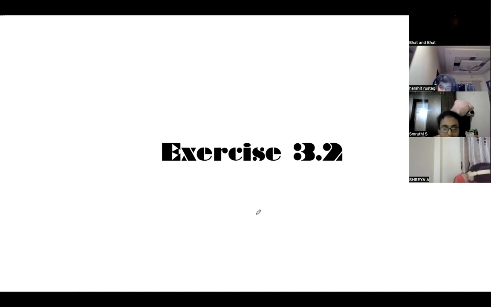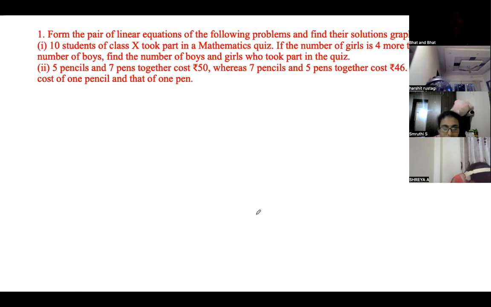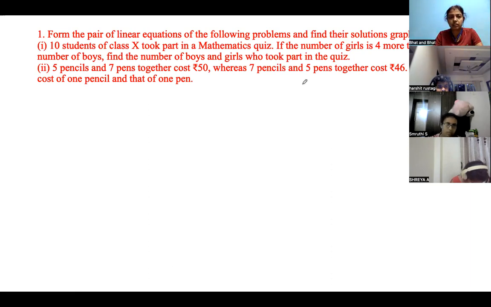Yeah. Now the next question is, form the pair of linear equations for the following problems and find their solutions graphically. Okay, now the first one is: 10 students of class 10 took part in a mathematics quiz.